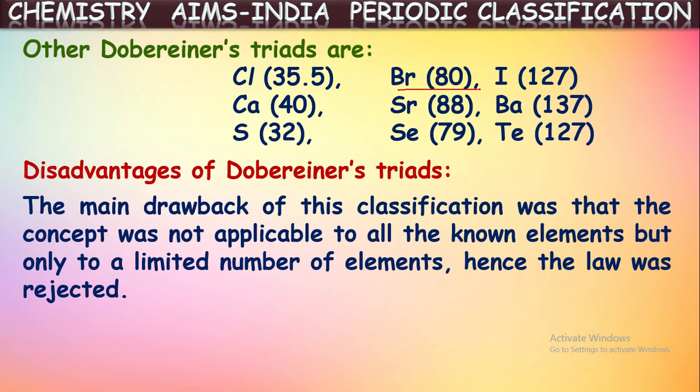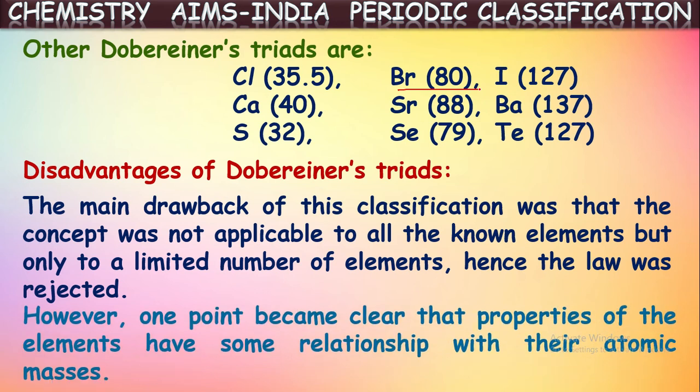Actually, he tried to classify the elements into sets of three having similar chemical properties, and he arranged them in increasing order of their atomic masses. He arranged only some elements in this way. He was not able to arrange all the available elements at that time into these triads. Only a few elements he was able to classify like this. That's the main reason it is rejected.